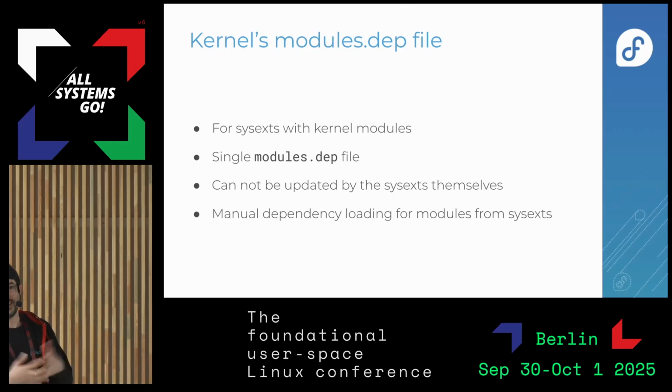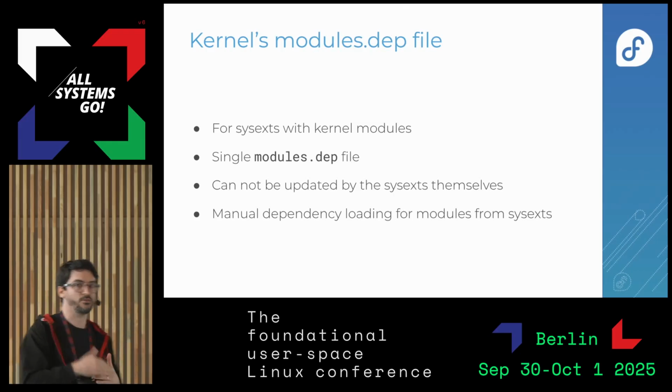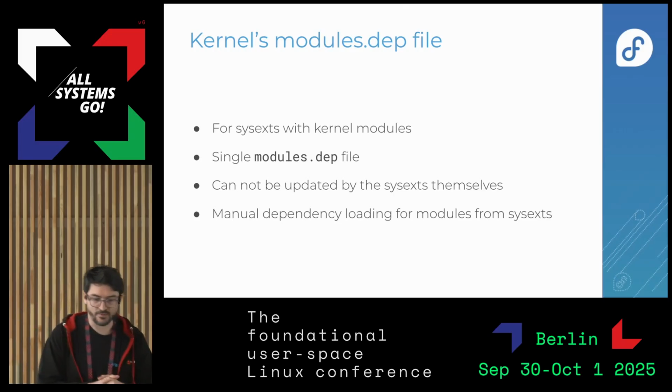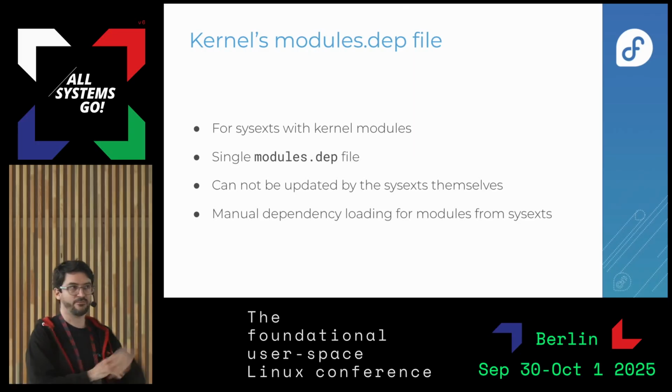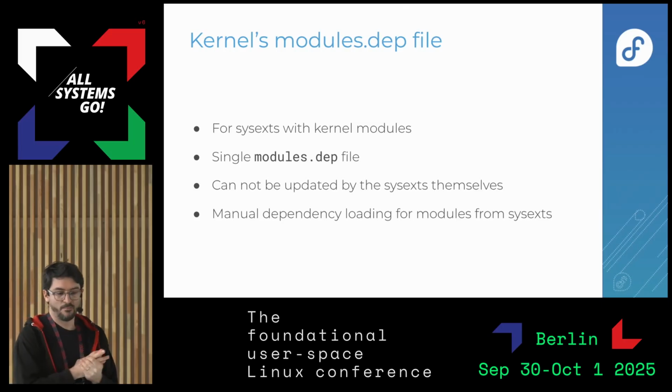And same here, it's a single file, so you cannot have multiple Sysexts overwrite this file, otherwise you will only get one updated version. So I don't have a solution for that right now. We don't really have kernel module Sysexts because it's tricky, but that's something that could potentially happen if we find a solution for that.